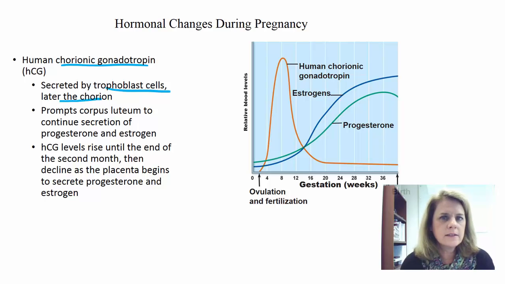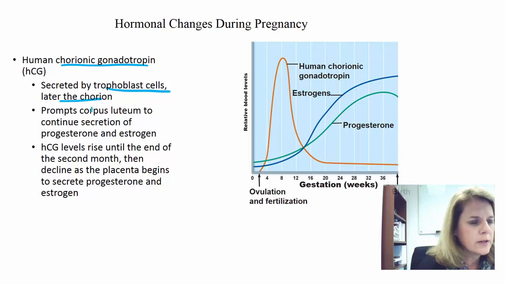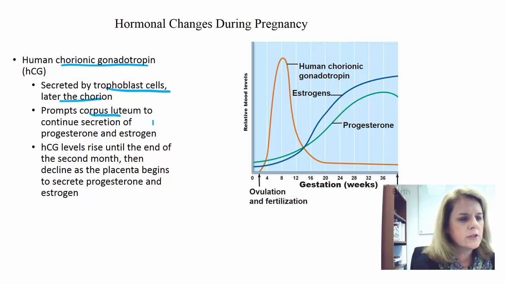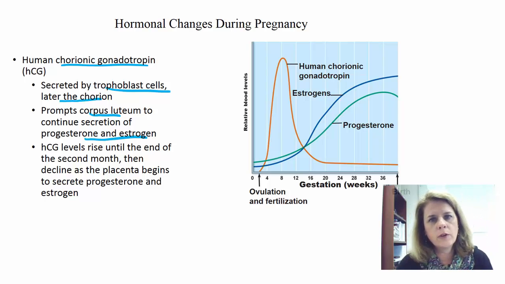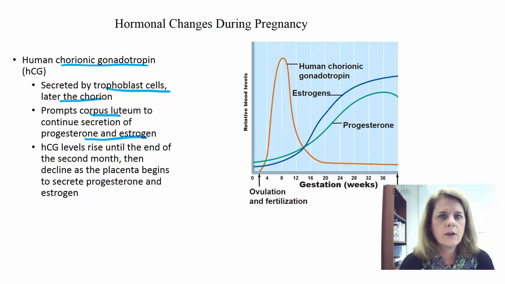What it does is feed back to the corpus luteum in the ovary to continue making progesterone and estrogen. Because if you remember, you need these hormones to help stabilize the uterus so that you don't undergo menstruation and slough everything off. As long as that corpus luteum is making progesterone and estrogen, the embryo has a chance to implant and become a baby.